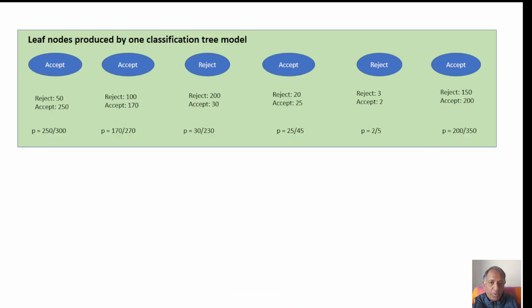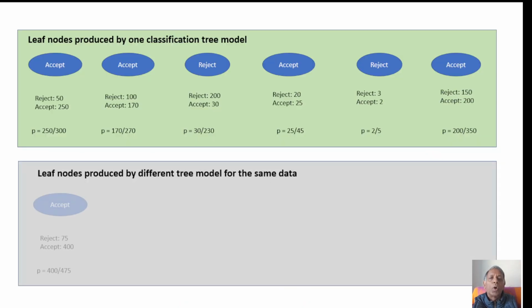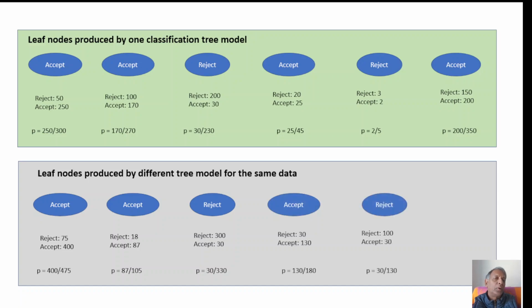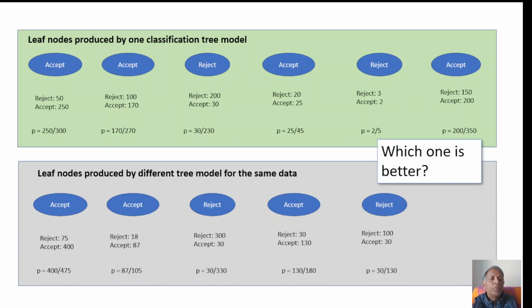Let's say we've got two different trees that yield these kinds of compositions for the same data, and earlier we said which one is better. In the previous lecture, when we looked at the details, it was not easy for us to say one is better than the other, because this node was pretty good, this node was okay, this was very good, this was decent, this was not at all great because the sample size is too small, and this one is not great because it's almost equal, right?